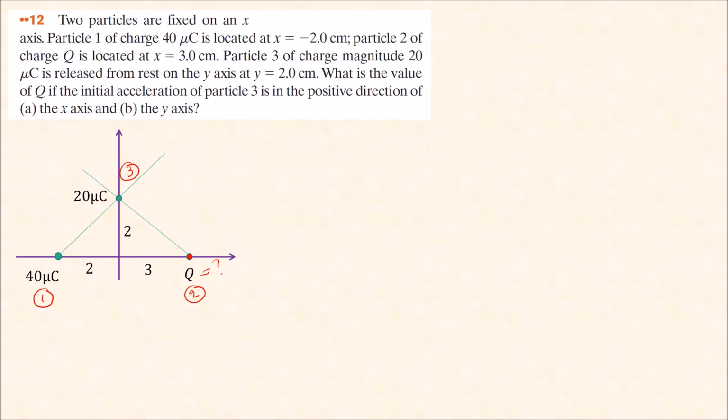Means the acceleration is this way. So what do you think? Any ideas? The first dots you need to connect is, acceleration is in which direction? I mean, in general, from Newton's law.